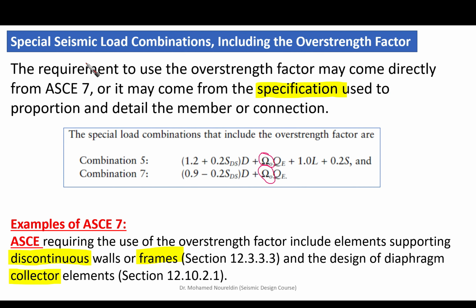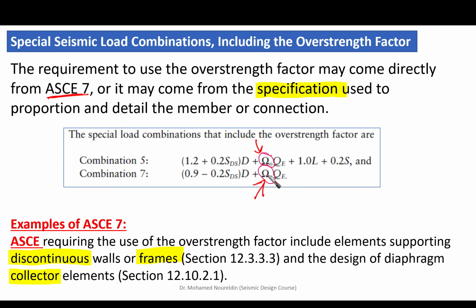Okay, special seismic load combination, when we can apply it, including the overstrength factor. So actually sometimes ASCE says, as I said, for collectors and for some columns, it requires the overstrength factor to be included. How is it going to be included here? Okay, do you remember when I said that it is going to replace rho?